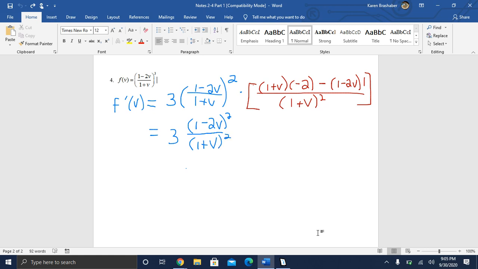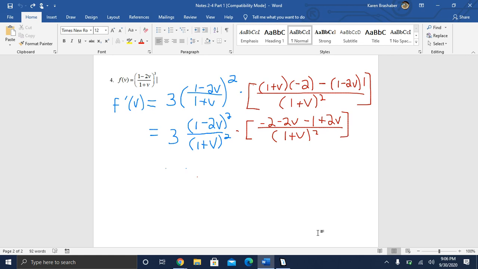That's a way that you can equivalently write the expression to the second power. And then in the red part, I can distribute the -2. So -2 minus 2v. I can distribute the -1. So -1 plus 2v. And then my denominator, 1 plus v to the second power.